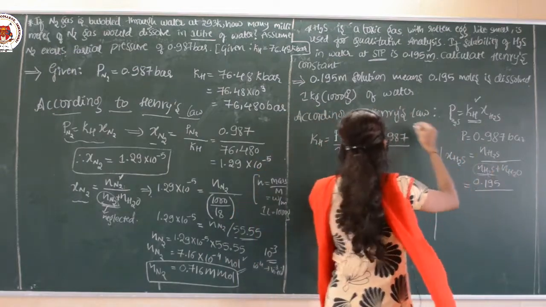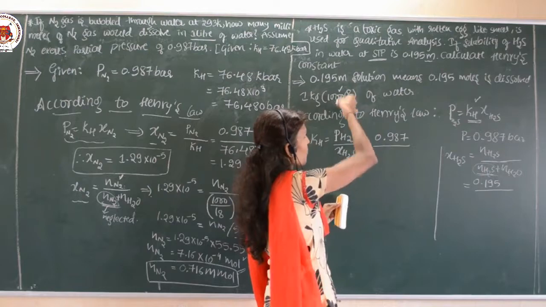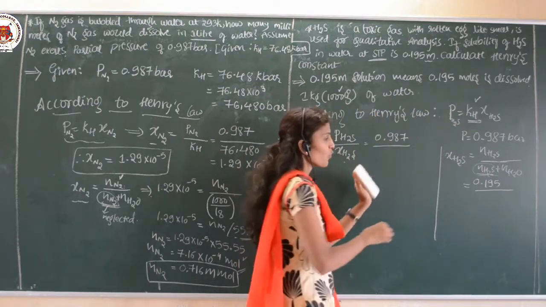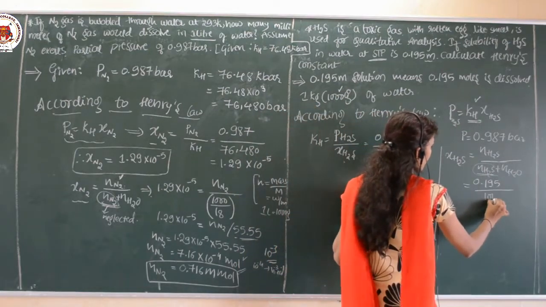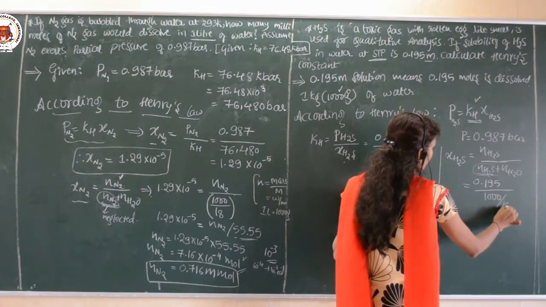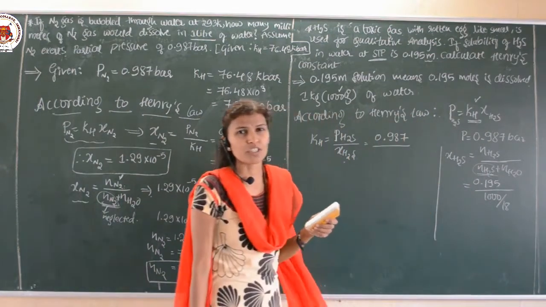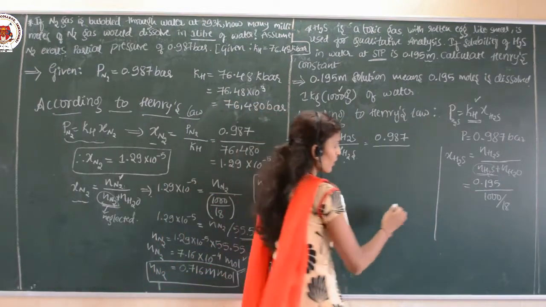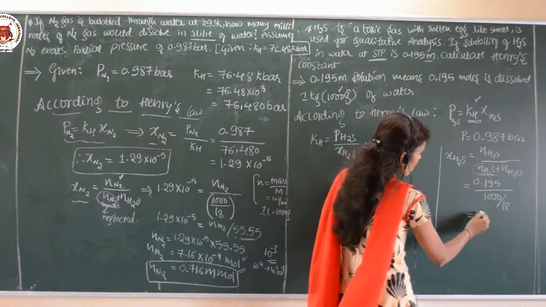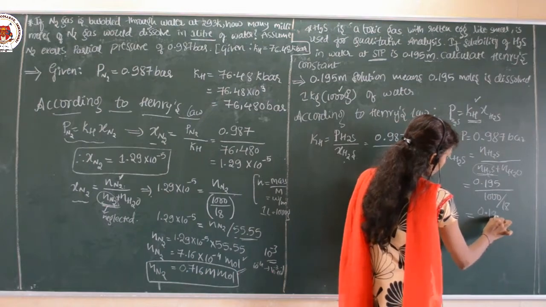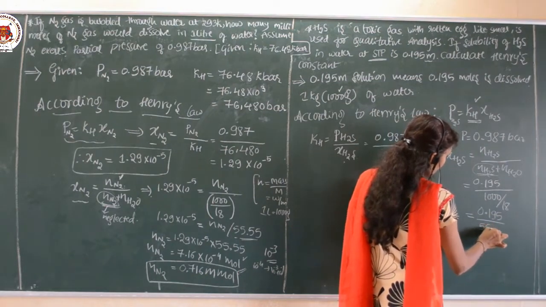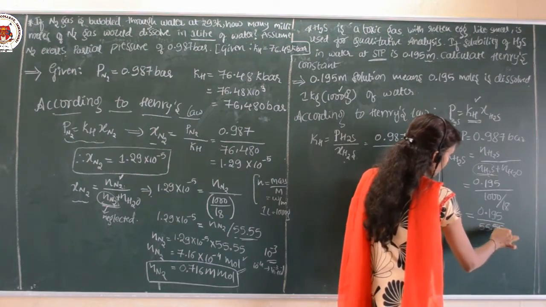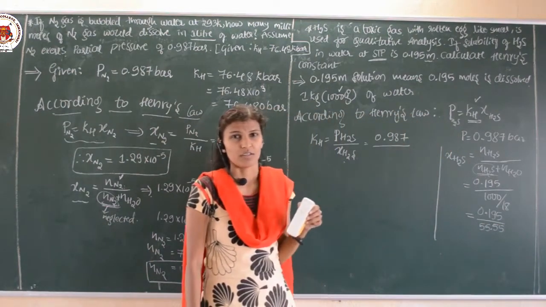Mass divided by molar mass, again it is 1000 divided by 18, which is 55.55.